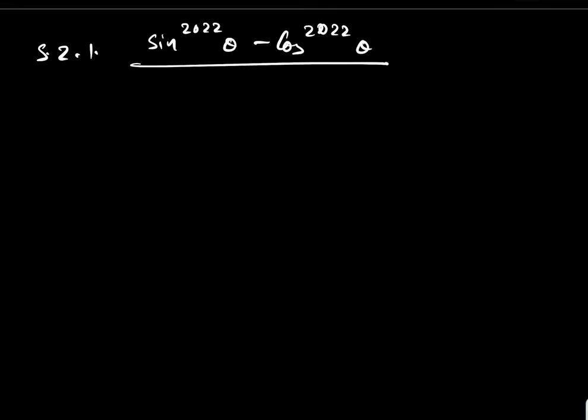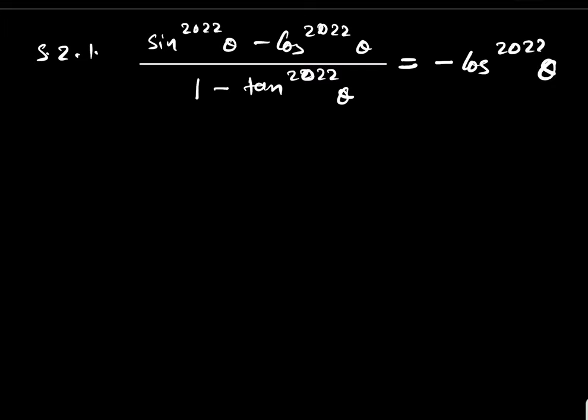This is divided by a 1 minus the tangent of 2022 of theta. That has a value of a negative cos of 2022 of theta, just like that. All right, that is the pattern that we are observing there.